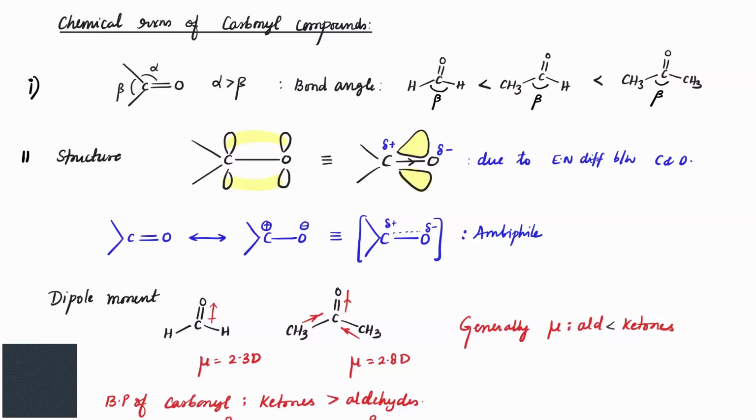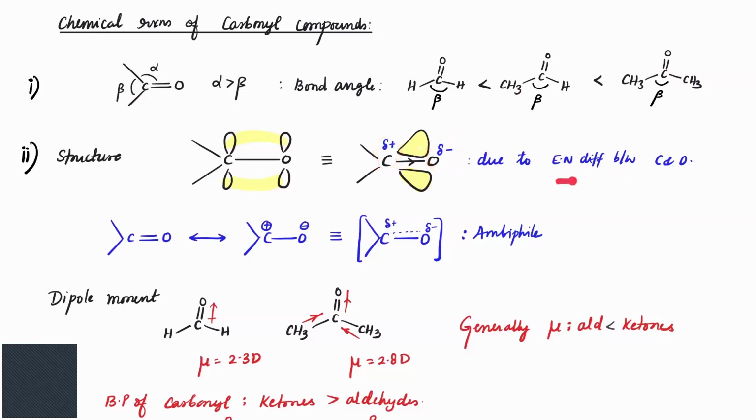The second thing we must know is about the structure of the carbonyl group. There is a pi bond existing between carbon and oxygen, but this pi electron cloud is much closer towards oxygen. That's the reason the cloud would look something like this. Because the electron cloud is more around oxygen, carbon would get a sufficient positive charge and oxygen a sufficient negative charge.